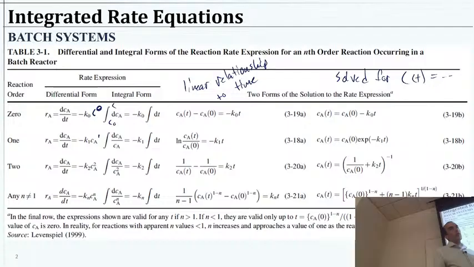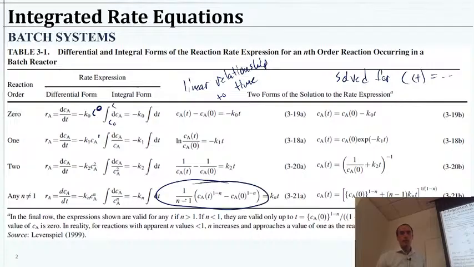And if it's a first order, then we're fine because we know how to deal with it. Okay, so we have this equation here where we would put in the c to the n power and try to integrate dc over c to the n power. Turns out we can, in fact, do that. It will look like this. And here's why the n minus 1 as a denominator means we can't have n equal 1. But like I said, we can go back to first order if that was the case.